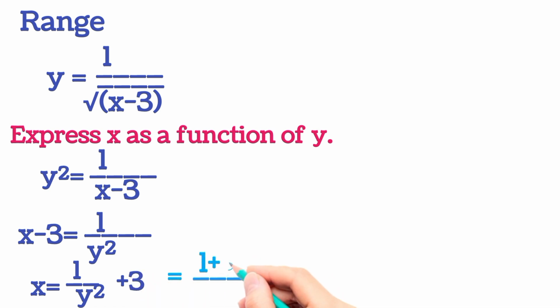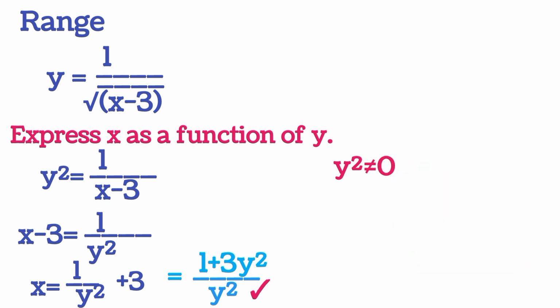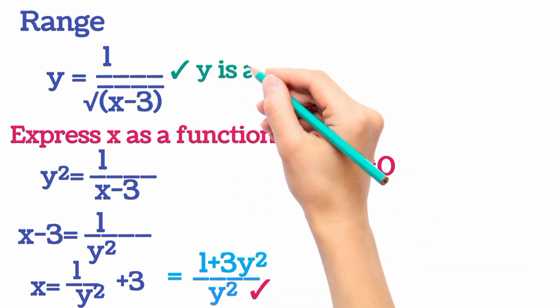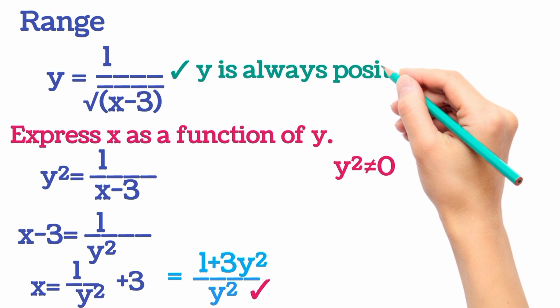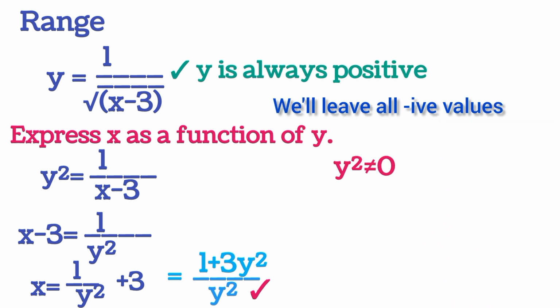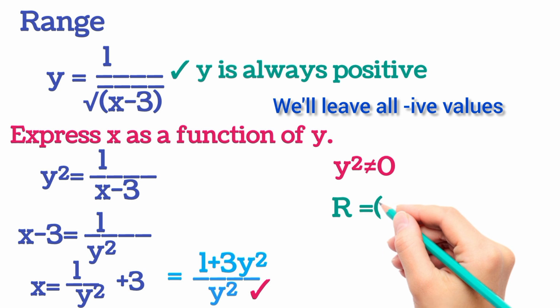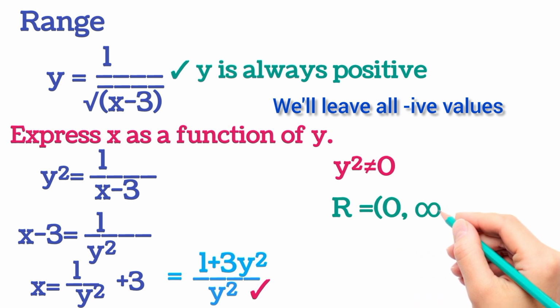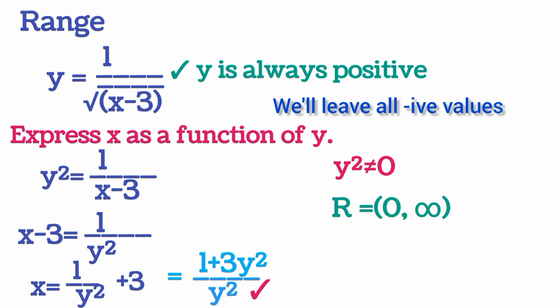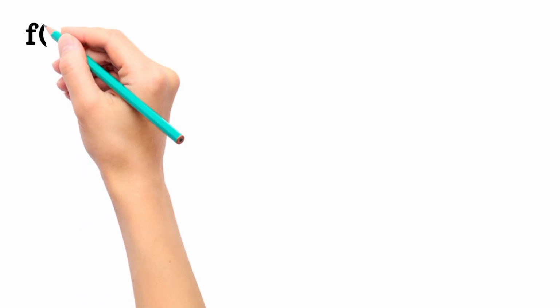Now this can be written as (1 plus 3y square) divided by y square. Here we have y in denominator, so y square can't be equal to 0. Also from here we see that y is always positive, so the range of the function will be R is equal to (0, infinity), where 0 is not included in the range.